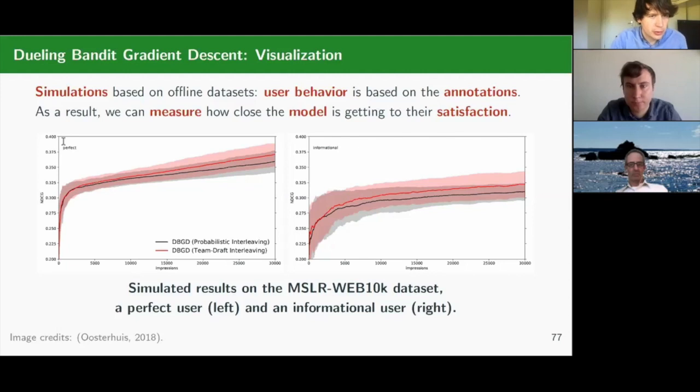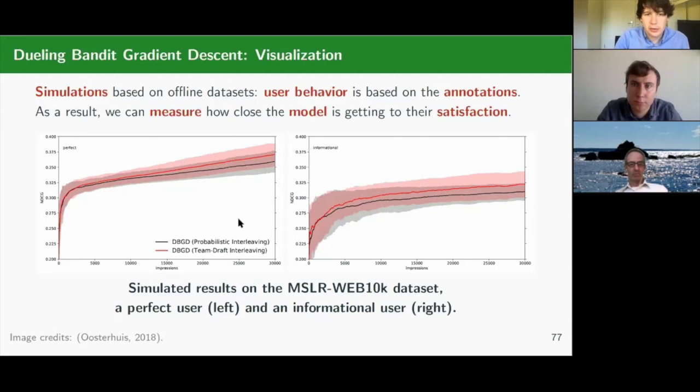So this is a perfect model. We have no noise, no bias here. Impressions is just an issued query. So somebody issued a query and interacted or didn't interact with the ranking. And NDCG, the higher the better. And we can see that Dueling Bandit learns very quickly initially and then slowly starts to improve.